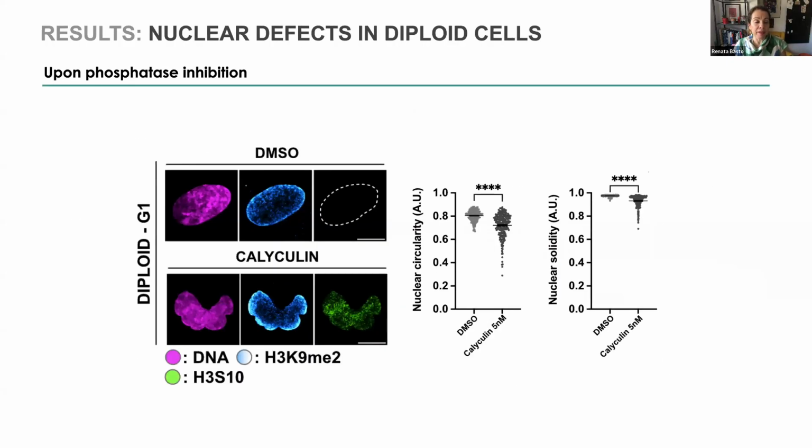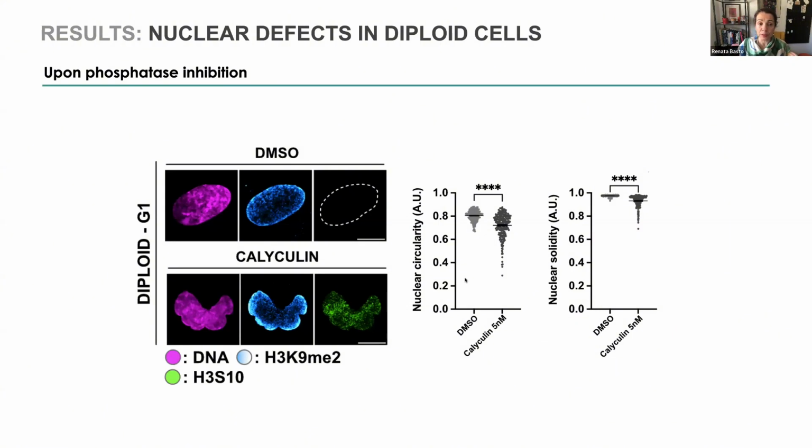So the final proof came by inhibiting phosphatase at mitotic exit and seeing that in diploid cells we have high levels of serine 10 phosphorylation and these nuclei that are highly deformed.